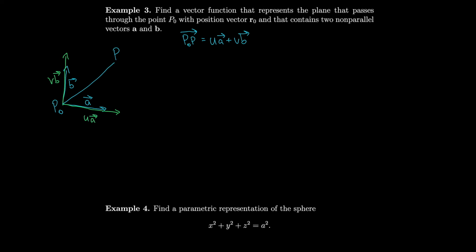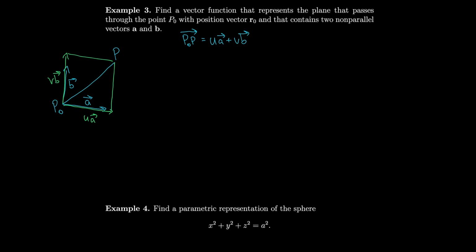So we end up with this little parallelogram. Well, it should have been a parallelogram, but I made this ua a little bit too long. Let's see if I can make it shorter. It's a little bit better of a parallelogram.